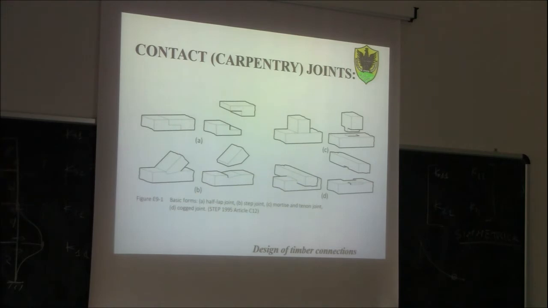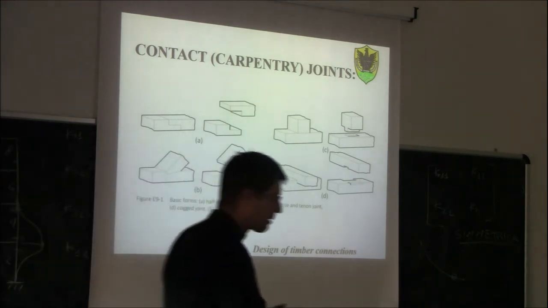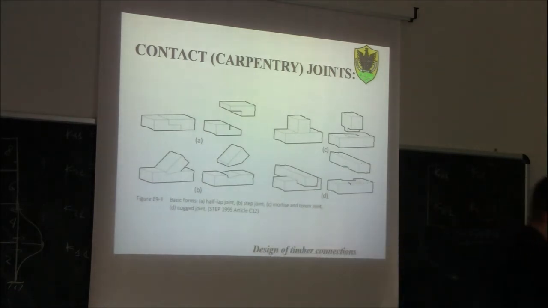Okay? So as far as they are concerned, of course, I'm not interested that you learn by heart the Italian translation. For me, it's just important that we understand what we are talking about in terms of this type of connection here. So we said half-lap joint, A, step joint, B, very much used for example for king truss systems, capriate, of course.